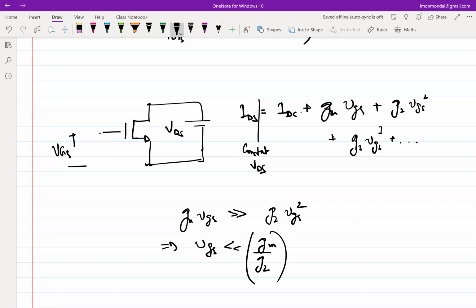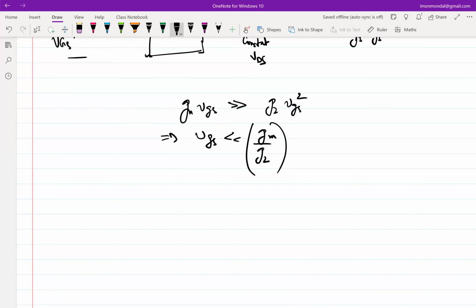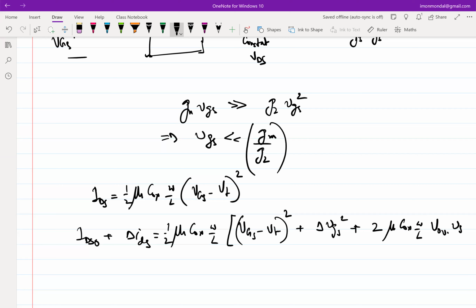So what does G2 depend on? If I simply use a square law model, your IDS is mu n Cox W by L times (VGS minus VT) whole squared. You apply an incremental VGS, so you get IDS naught plus delta IDS, equal to the main term, plus half mu n Cox W by L delta VGS squared, plus twice V overdrive times delta VGS.